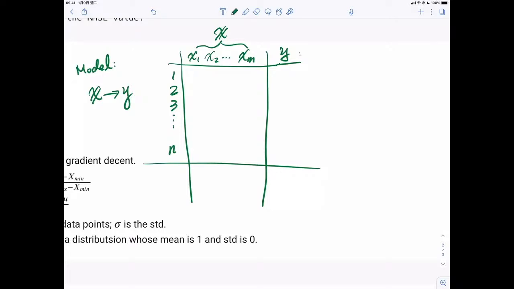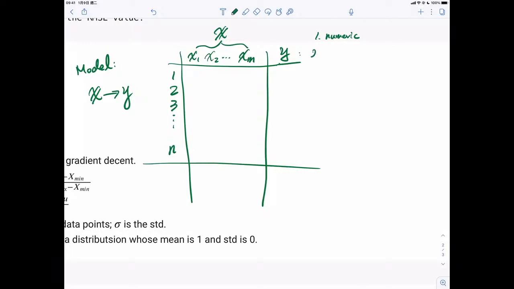We mentioned before that the target Y has several different types. It could be a numeric type, which means it is a number, like your salary, your height, your weight, and other numeric things.